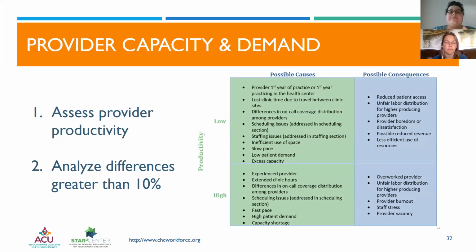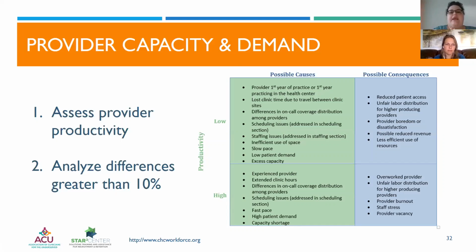And then once you're able to assess the provider productivity, you want to analyze any difference. So you're looking at it against UDS data, and you want to see, is the provider productivity of this health center falling within 10% of the average of health centers around the country? And if there are substantial differences, then why is that? And that's what this chart tells you. This is also in the R&R plan.